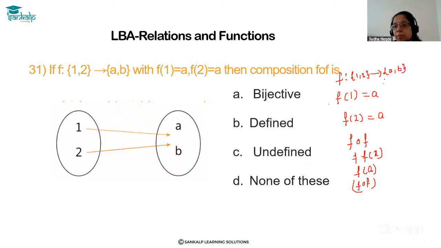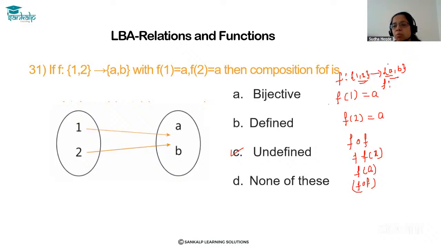If this and this both are same, then the domain can be this. Now these two are not same. So f composition f is not defined. So the option C, not undefined, is the correct answer.